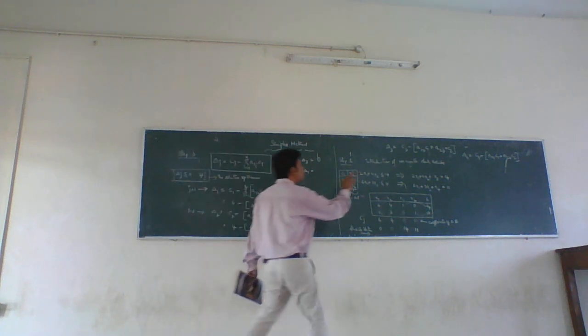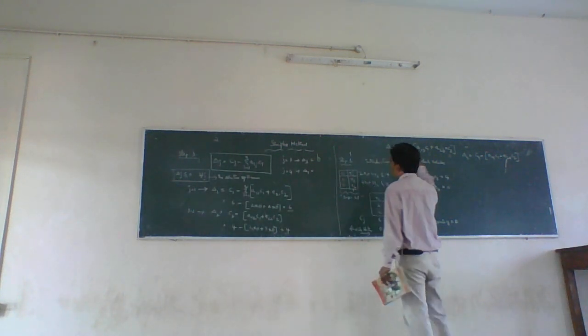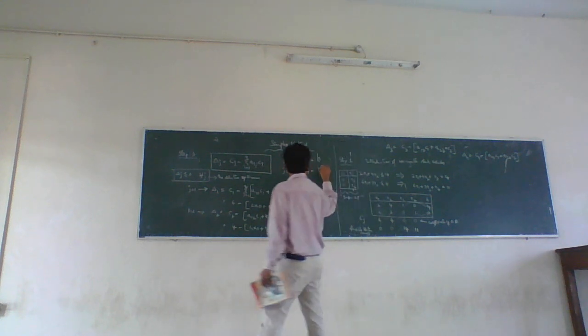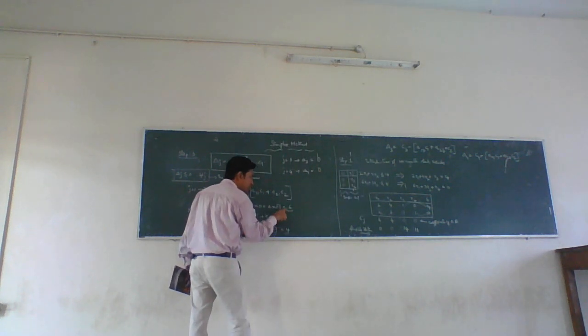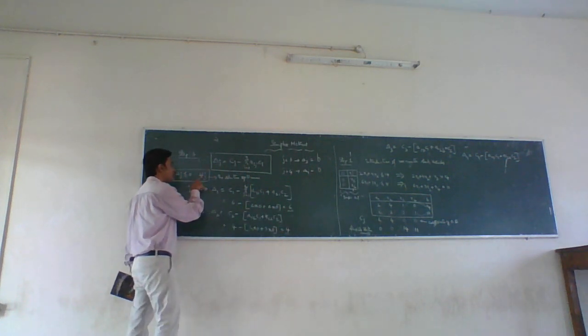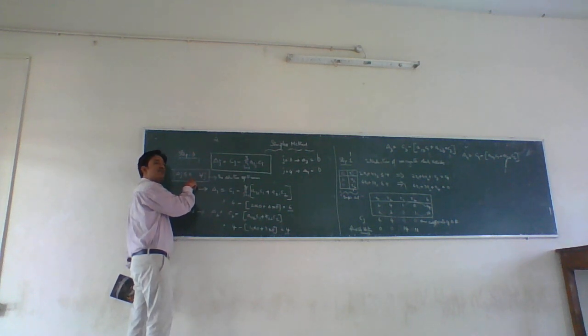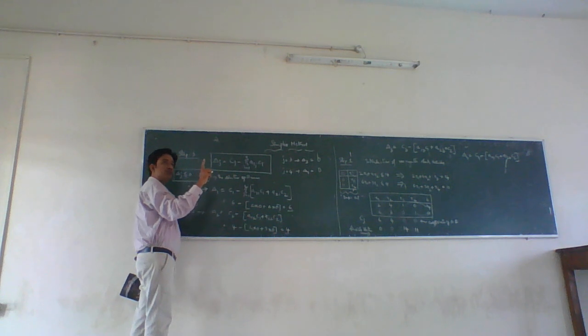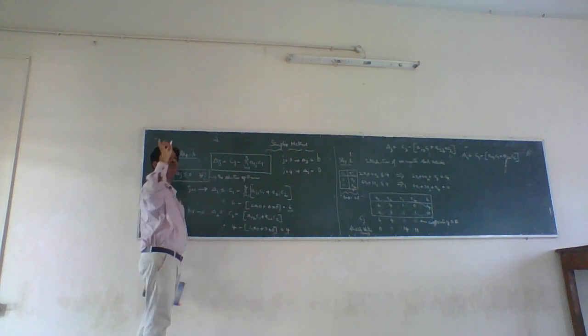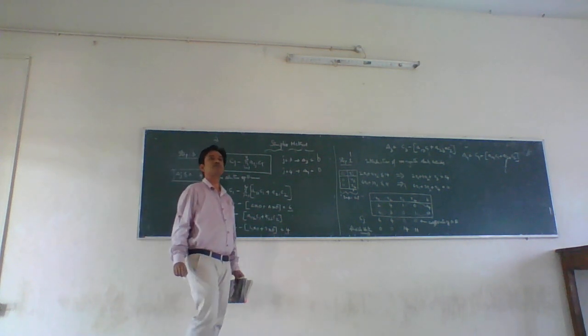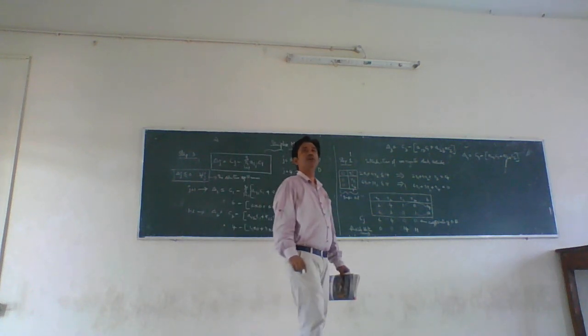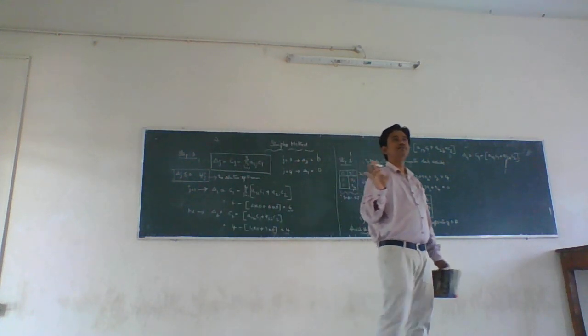Of course, you got two zeros, delta 3 is 0, delta 4 is 0, but at least you have one positive value. This says for all J, you need to get either 0 or less than 0. If any one value is positive, then we need to move to step number 4.